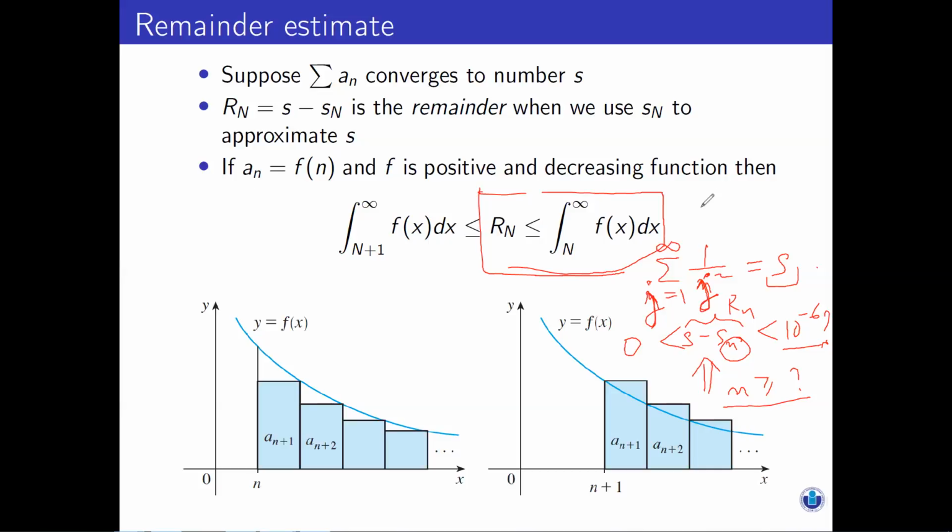So for this, you simply take f. So f(x) in our case is 1 over x squared. Right? So because of this inequality, all you need is to find an n so that this integral is less than 10 to the power minus 6. So you want the value of n so that this one is less than 10 to the minus 6.